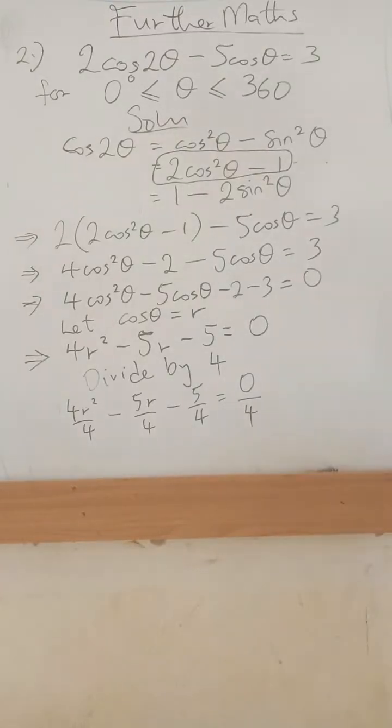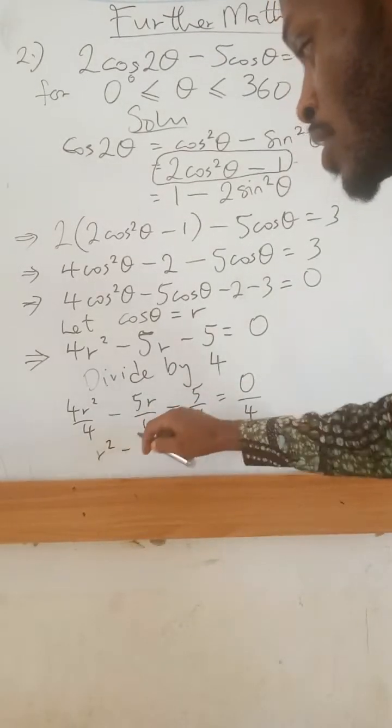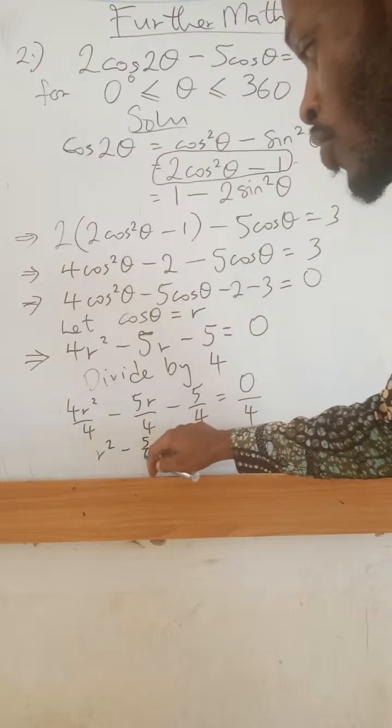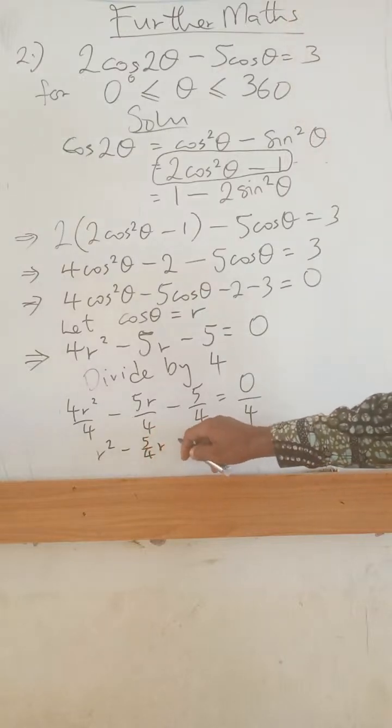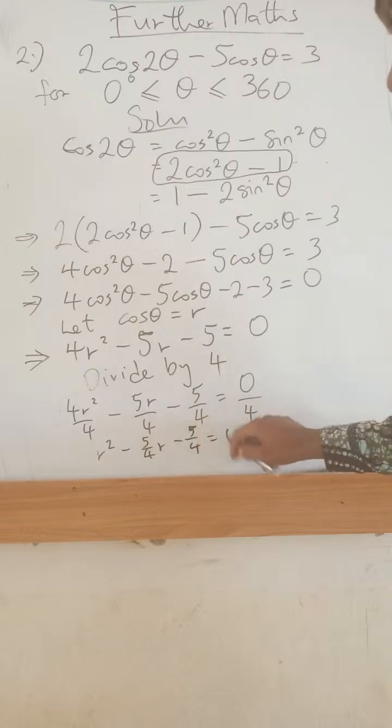Okay, so from here we have r squared minus 5 over 4 r minus 5 over 4 equals 0.